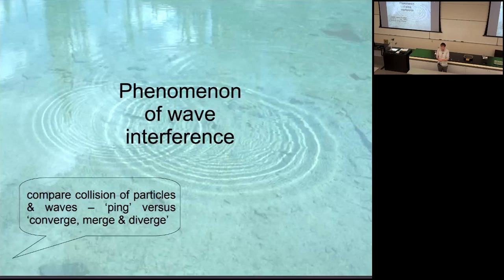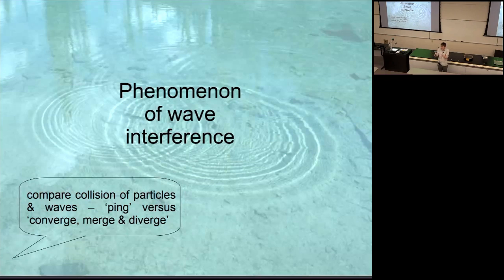It's quite different for waves. When waves collide, there's a period in which the waves converge on one another. They then merge together with one another, and then they reappear and diverge from one another. So it's not approach, ping, and then recede.